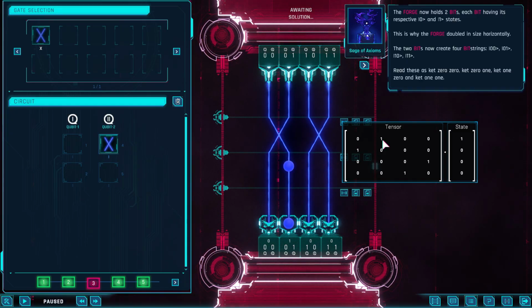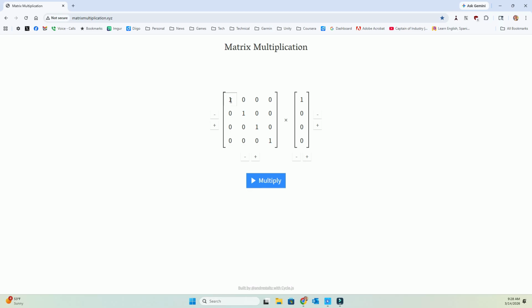And so instead of just 0, 1, 1, 0, we've got 0, 1, 0, 0, 1, 0, 0, 0, 0, 0, 0, 1, and 0, 0, 1, 0. And that produces this double X here. Let's take a look at that in the browser and make this change.